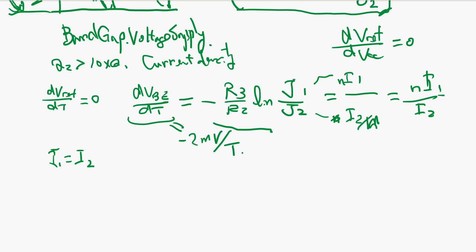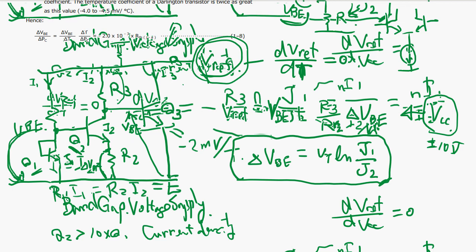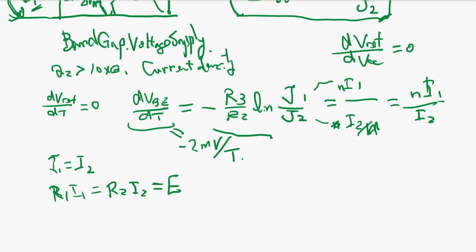Let's see. R1 I1 equals R2 I2 equals the voltage E. This is the voltage drop on this circuit.